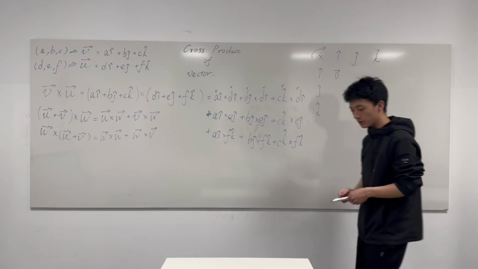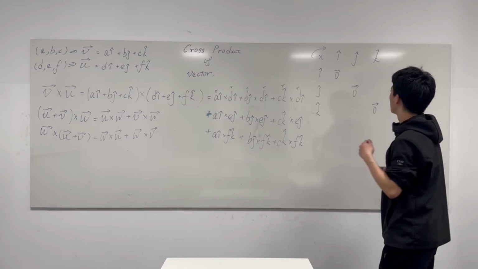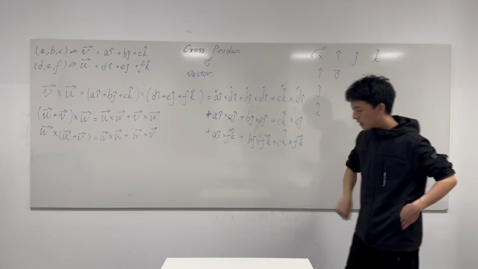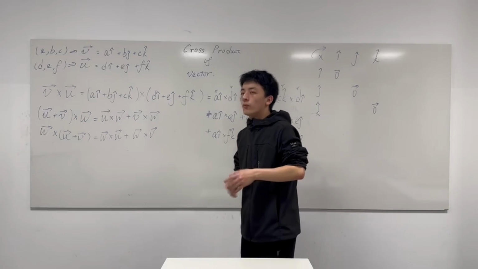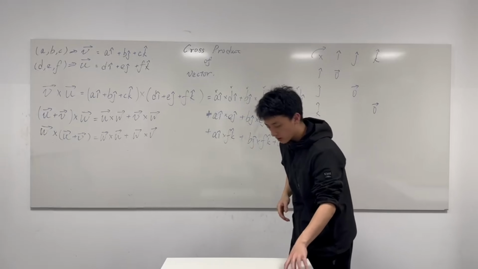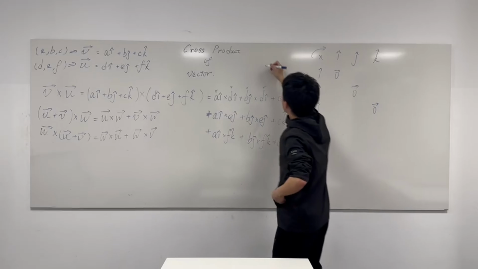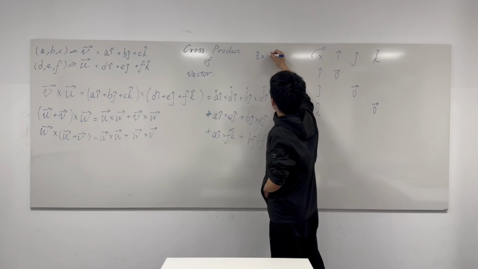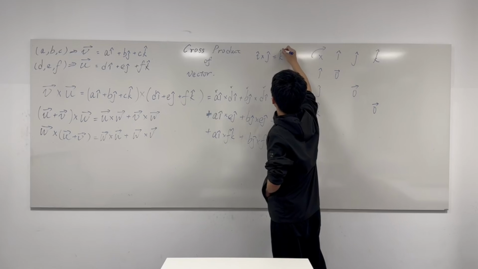And then let's do I cross product J. We assume I hat cross product J hat is K hat.